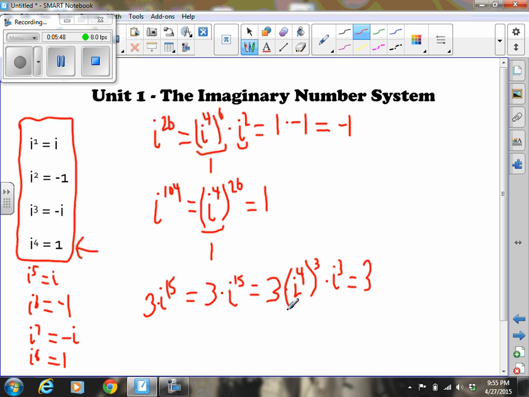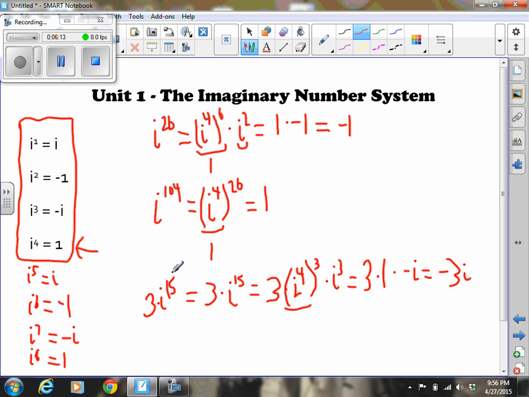I know that i to the 4th is 1, and 1 to the 3rd is 1. So that gives me 3 times 1. And I know that i to the 3rd, using what we've already derived, is equal to negative i. So I'll need to multiply 3 times 1 times negative i, which gives me negative 3i.